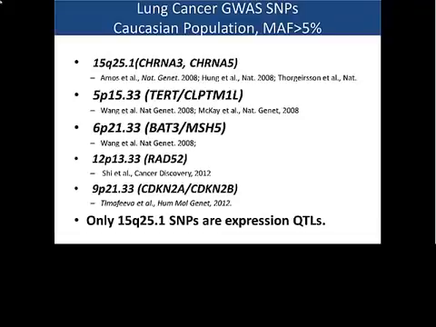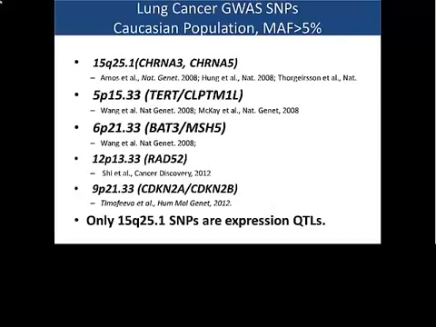These 5 loci are on chromosomes 15q, 5p, 6p, 12p, and also the 9p region. Up to date, only one locus, located on chromosome 15q25, has SNPs reported to be associated with the total expression of the gene CHRNA5 and also several isoforms of this gene. For the remaining 4 loci, the functional mechanism remains totally unknown.